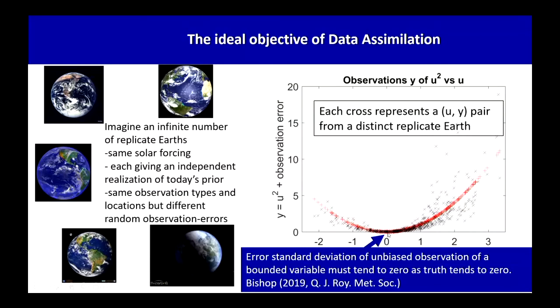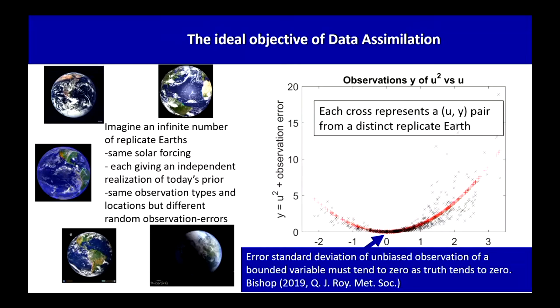The reason I did it like that is you can show that if you have an unbiased observation of a bounded variable, so by unbiased I mean if the truth is here, and my observation error is just a random process around that truth, the average of all those random errors will be zero.